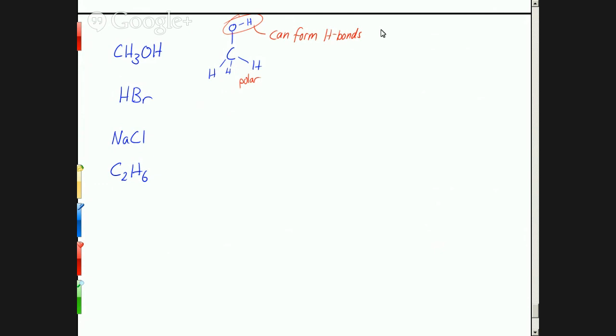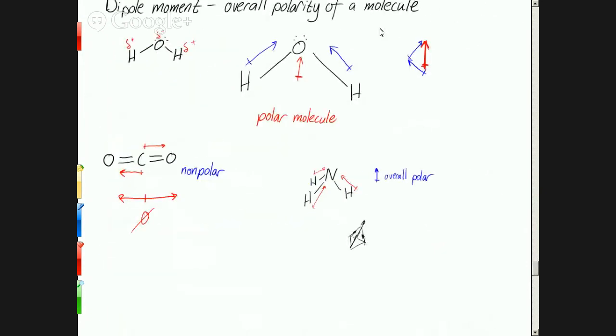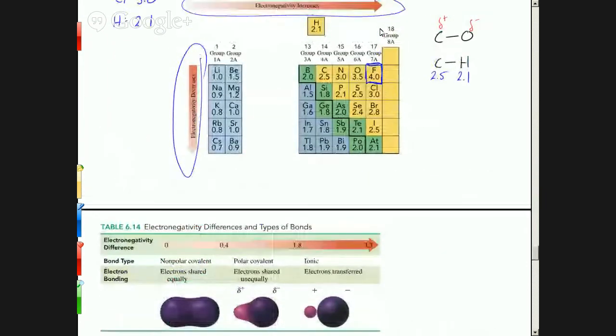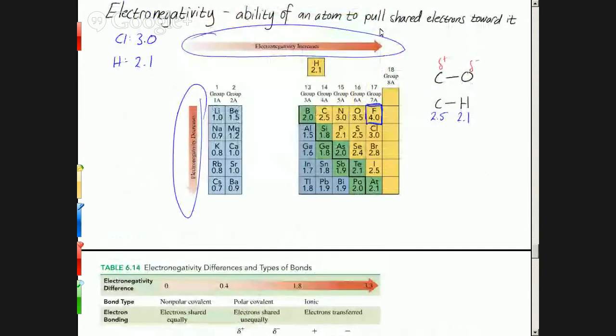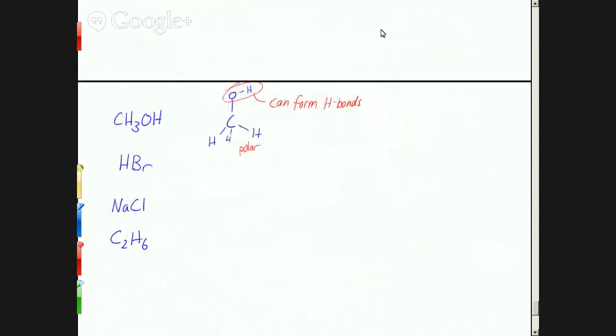All right, so next one, HBr. What do you think about that one? We might have to go back and check our chart here. Hydrogen's 2.1, bromine's 2.8, which means this is also going to be polar.